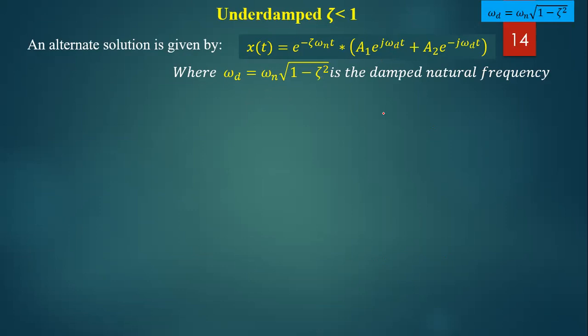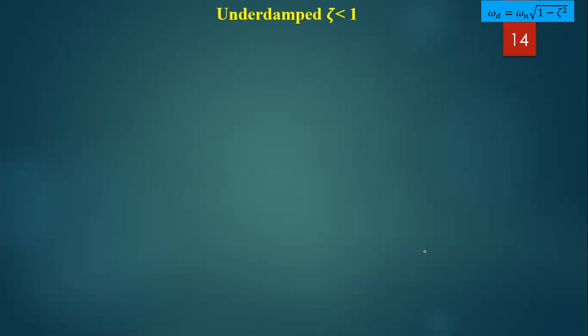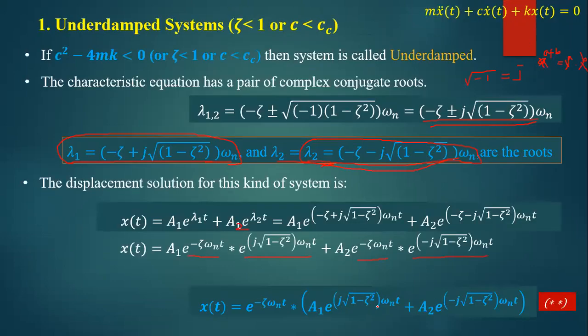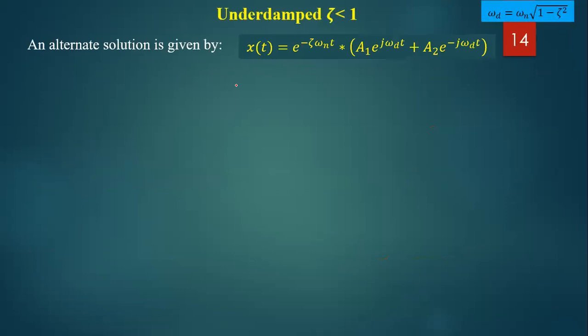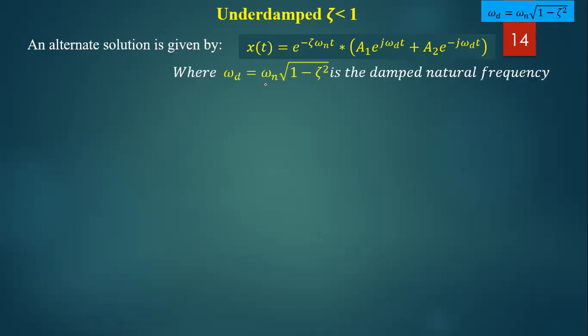So rather than using these terms, omega n radical of 1 minus zeta square is replaced by omega d. So here omega d is replaced, and that is defined like this.